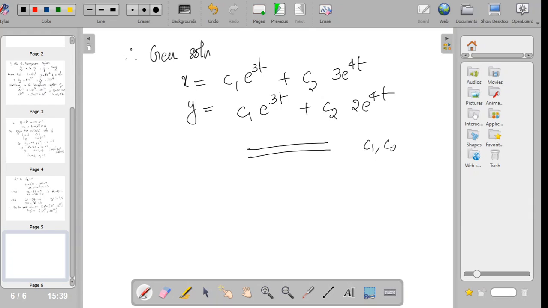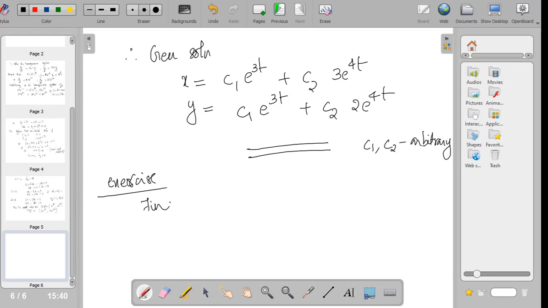Here c1 and c2 are arbitrary constants. So that is the way of finding the solution when you have roots to be real and distinct. And I want you to do this question as an exercise.